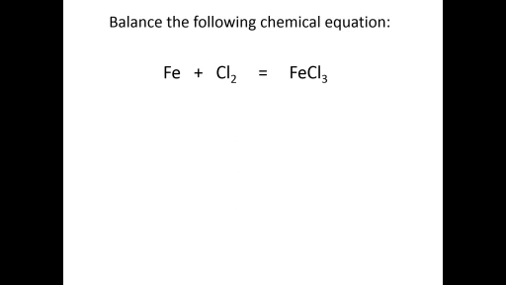If you put a 2 in front of the iron, you end up with 2 atoms of iron and you have 2 chlorine atoms as your reactant.